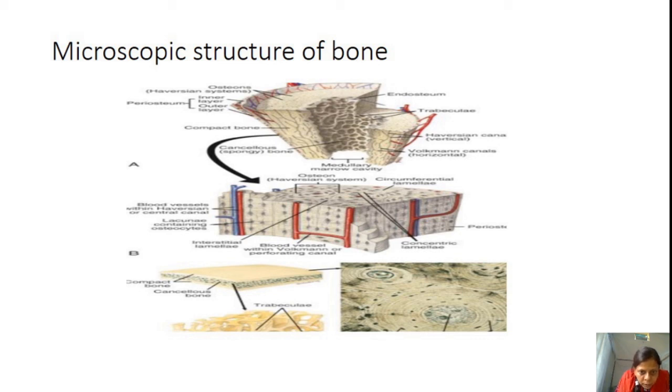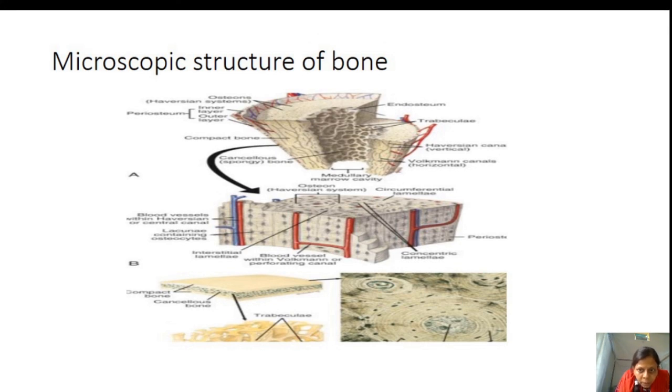Each concentric layer has pocket-like structures called lacuna, in which you find the bone cell called osteocyte. Projections on all sides are called canaliculi, through which cytoplasmic projections of osteocytes connect with each other.